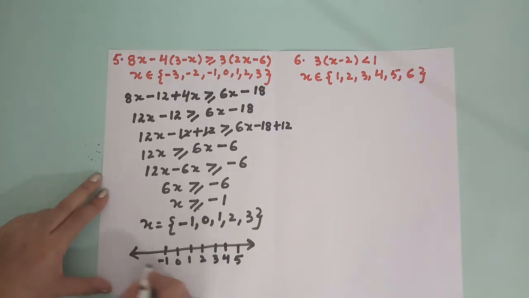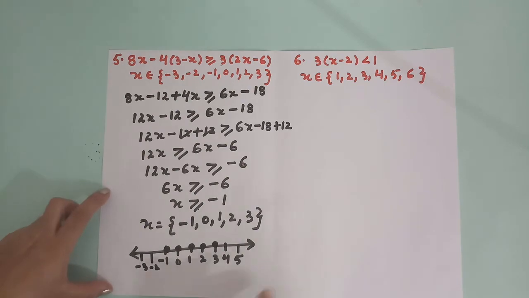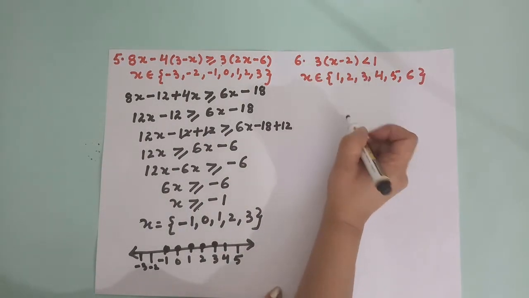Before this, two more numbers, minus 3 and minus 2. Now dark circles on minus 1, 0, 1, 2 and 3. This is it.